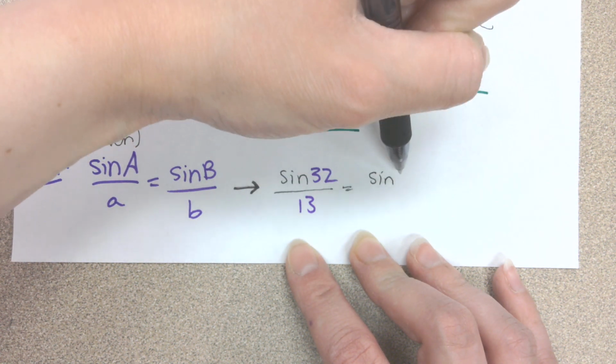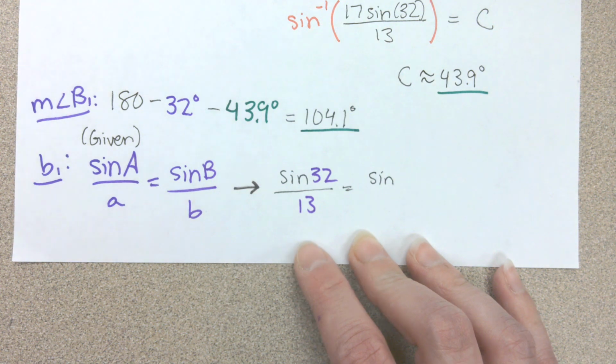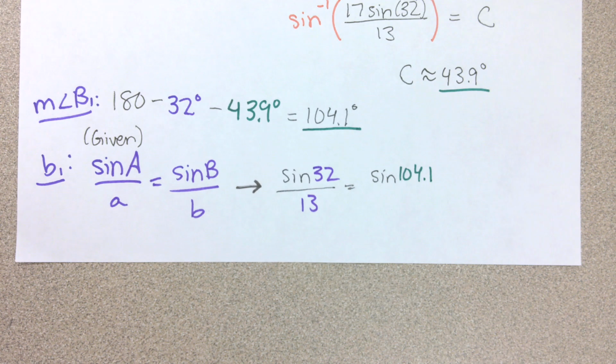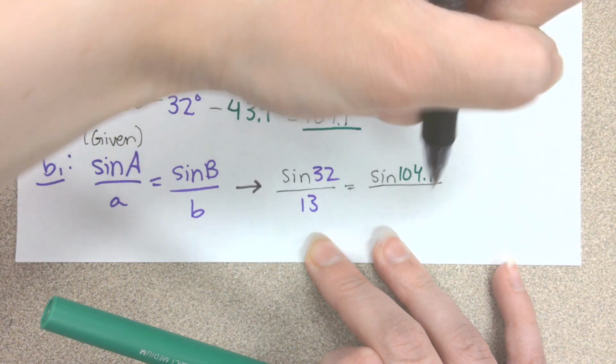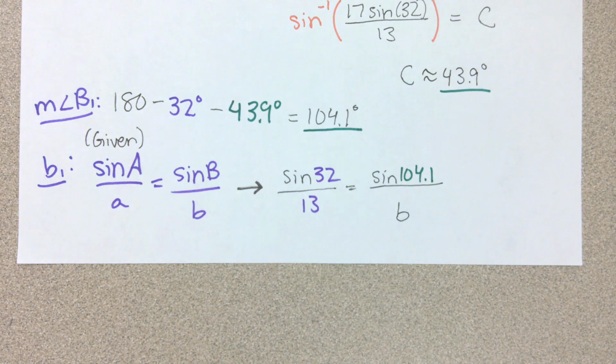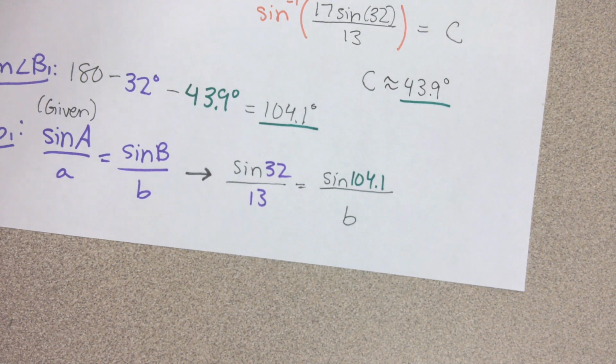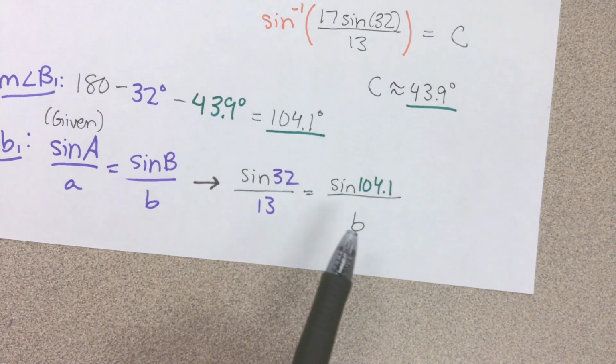Equals sine of, we know B, it's 104.1, over little b, which we're looking for. The algebra here is going to be far better than the previous calculation we did because b is all by itself. So we can just do a crisscross. It's just going to be multiplying and dividing, no inverse sine needed.